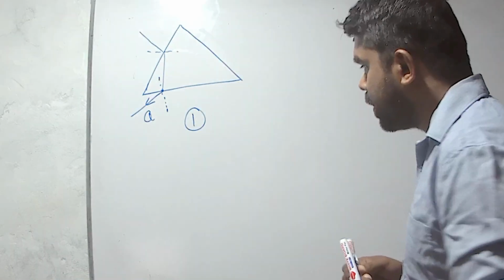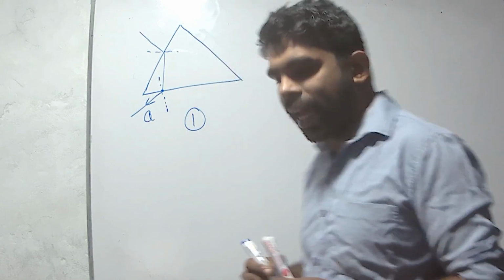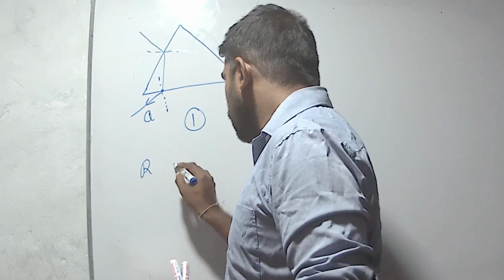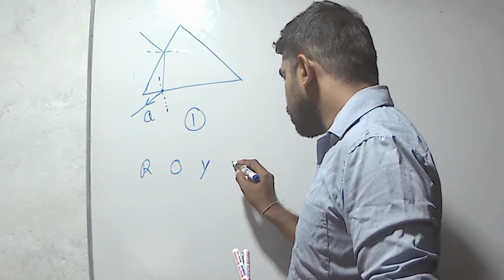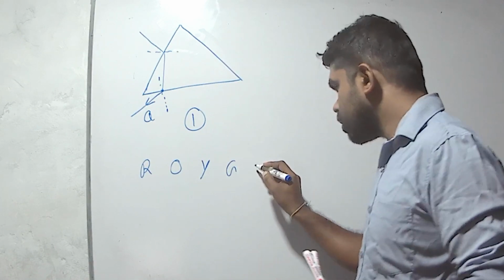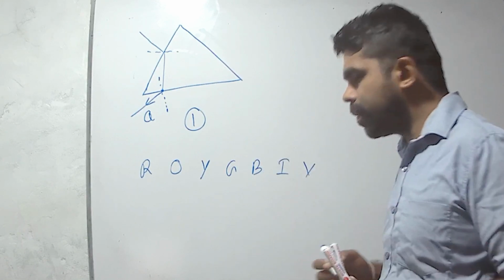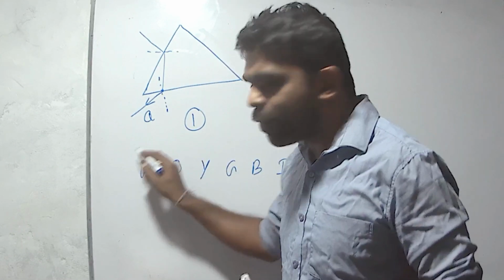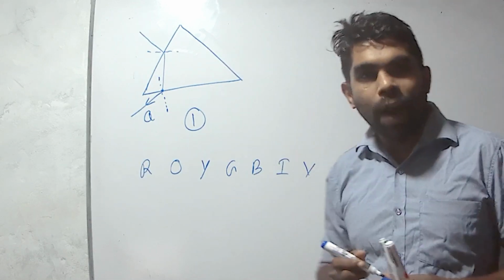We know that when considering the colors of white light, red, orange, yellow, green, blue, indigo, violet, there is a minimum deviation for red color and maximum deviation for violet color.